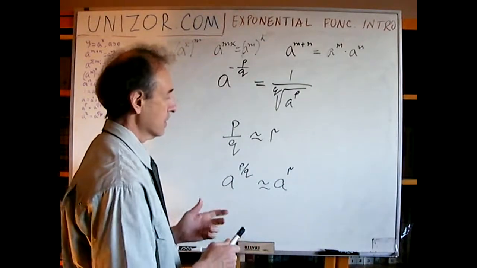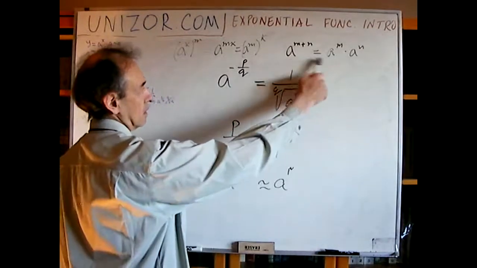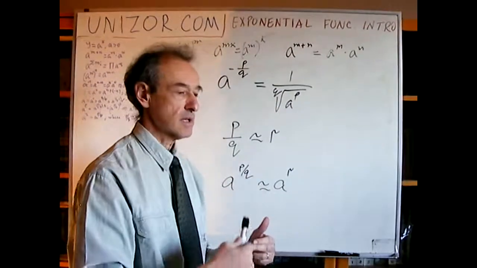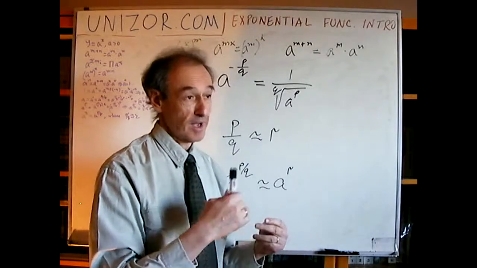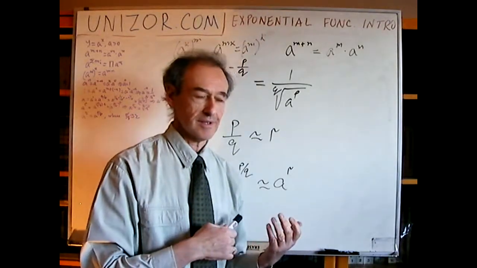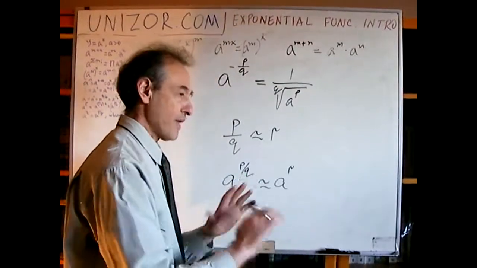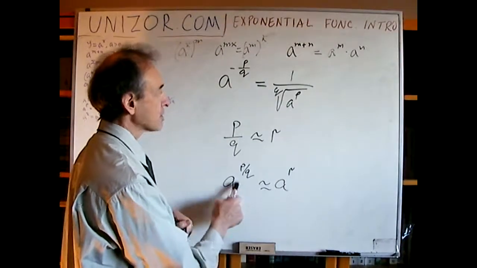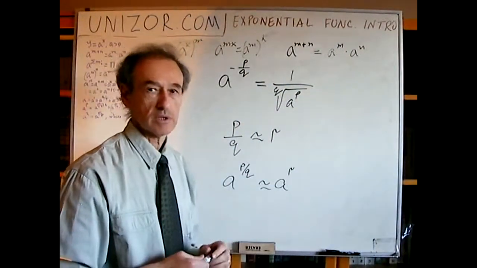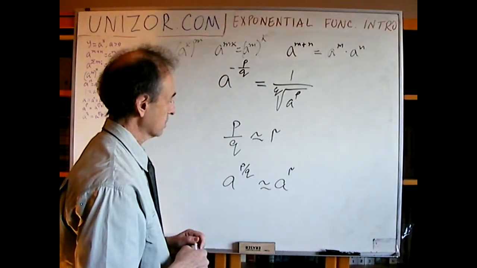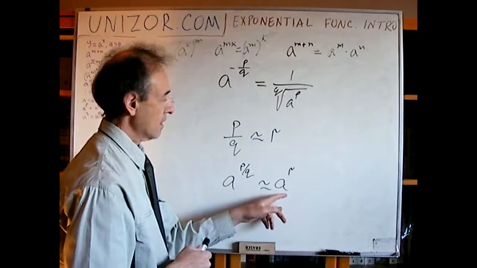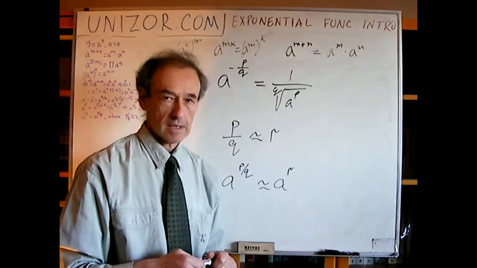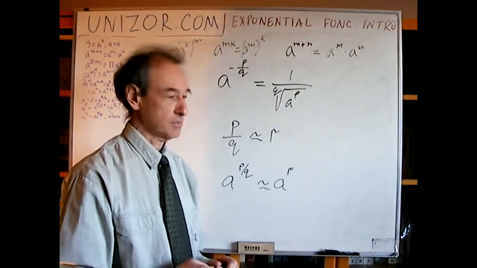Since this property is preserved for rational exponents, using this approximation, behind which actually stands the theory of limits, but without mentioning it, let's just think about approximation. Since the approximate value has this particular characteristic, any irrational, any real number, therefore, has the same property, and it's defined this particular way.